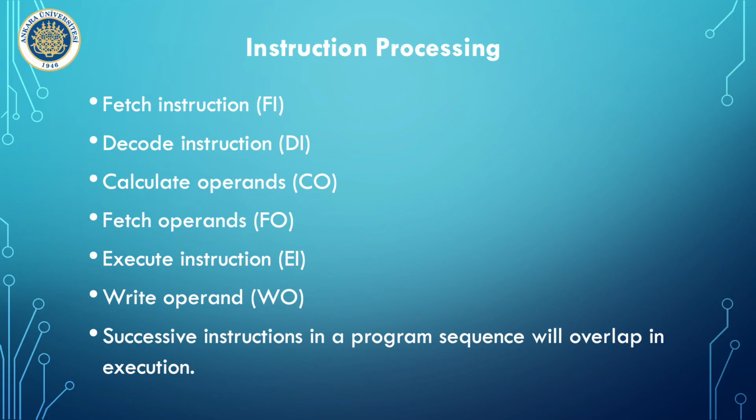And in this slide, the instruction pipeline is divided into 6 more detailed stages. Fetch instruction, decode instruction, calculate operands, fetch operands, execute instruction, and write operand. Each stage performs a small part of the total work.